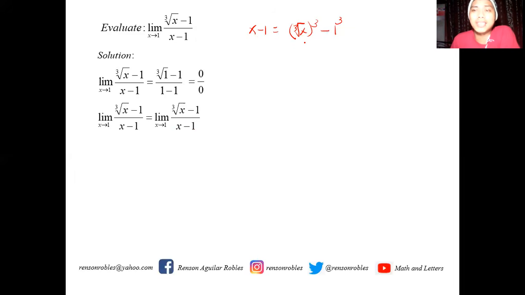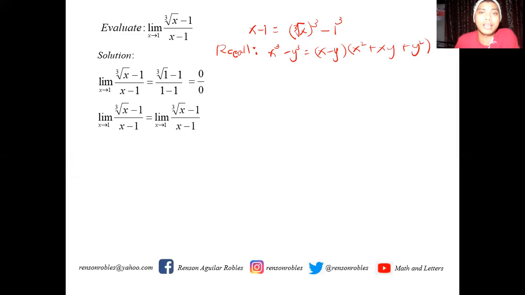So what did you notice now? This exhibits a difference of two cubes. Sorry for my handwriting, we recall that the factors of x cubed minus y cubed is equal to x minus y times the quantity x squared plus xy plus y squared. Okay, so we might use this pattern to resolve the issue for x minus 1.